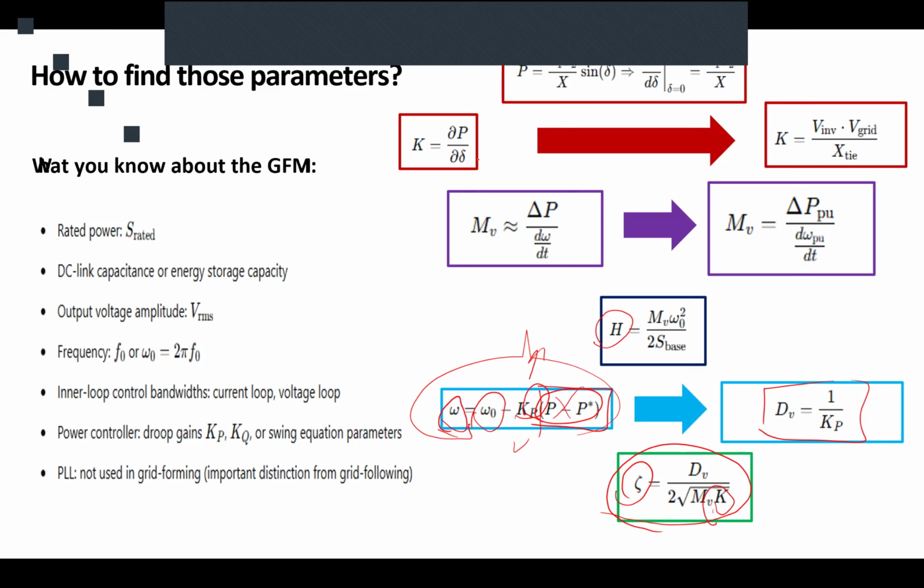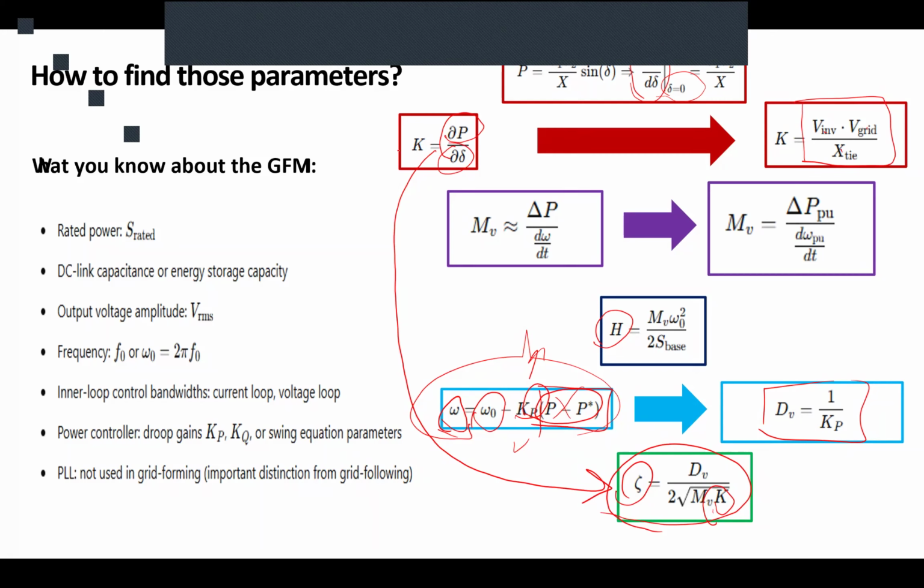This k is basically the system characteristics. As you can see, it is the voltages times divided by reactance, when the delta is 0. So it's going to be the differential, the rate of change between P and delta.